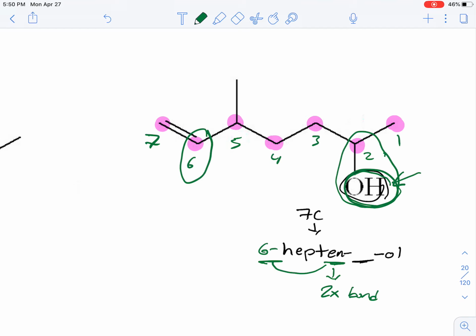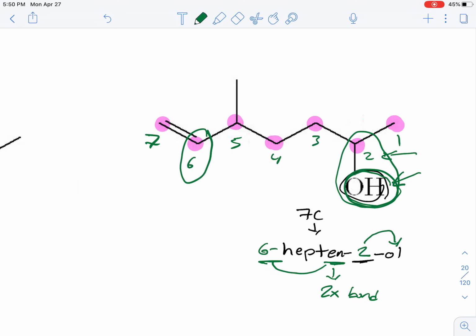It starts on the 6th carbon. And so to communicate to the reader where the alcohol is found on the parent chain, I'm going to put a dash and then another dash. I'm going to put -2-ol. So this number refers to the carbon number of where that alcohol is located.